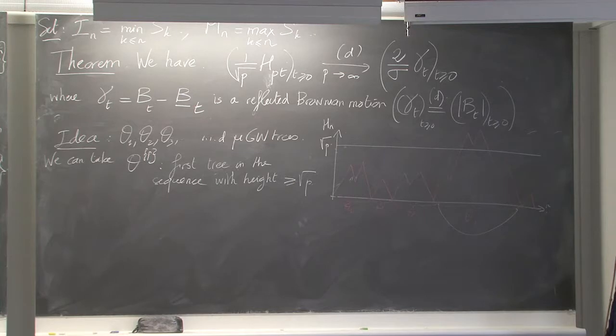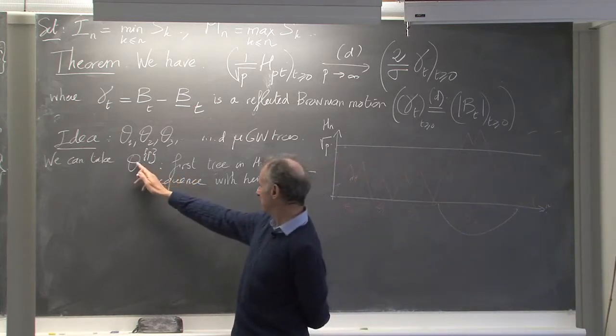Why can we take theta brace P in this way?